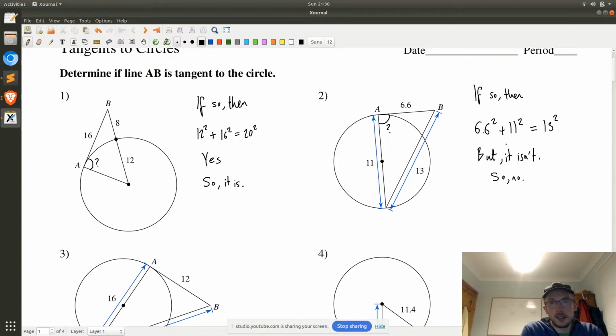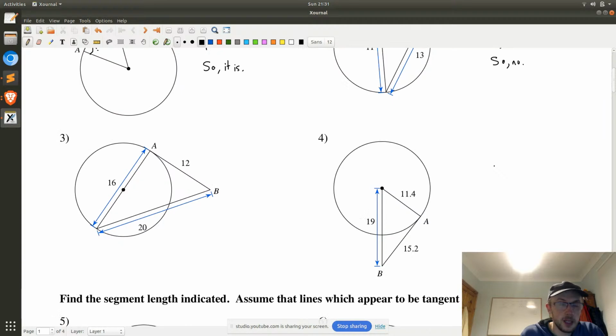So no. 6.6 squared is 43.56, and 11 squared is 121. And when you add them together, you do not get 169, but you get something close. Likewise here, 12 squared would have to equal 20 squared. And we just established that fact, literally, just then.